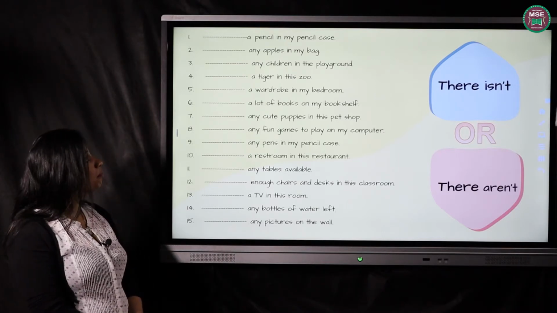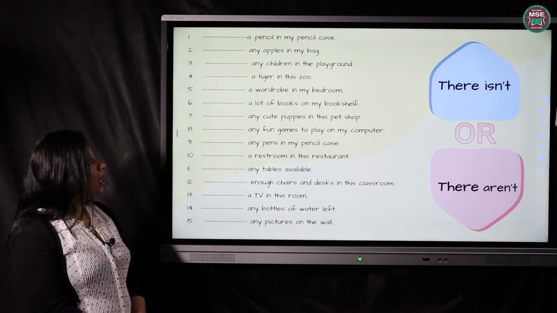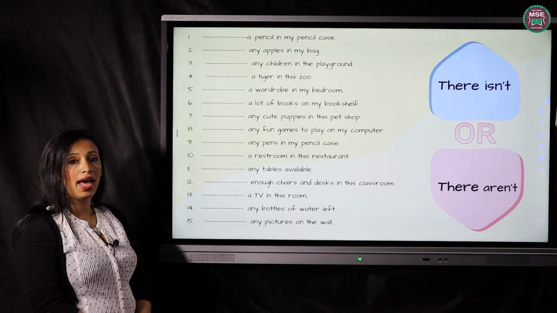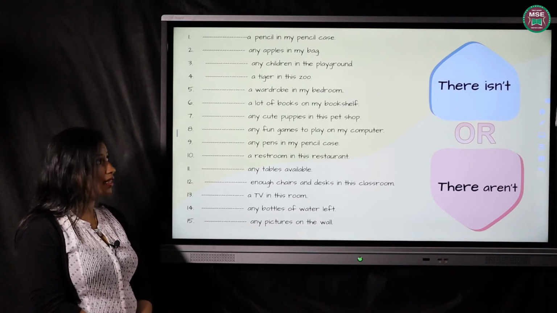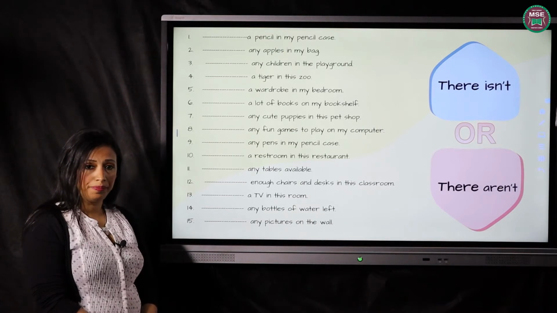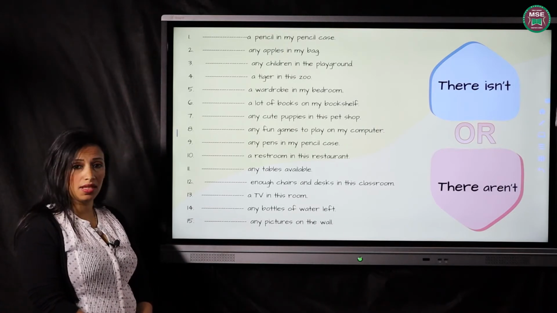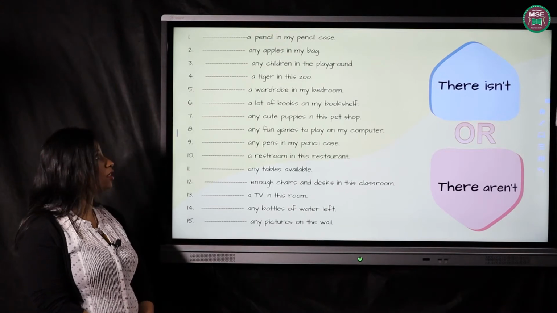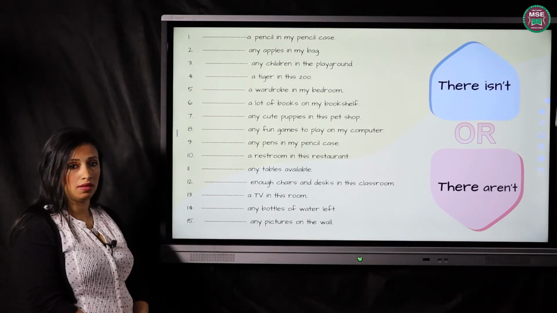For example, number one, a pencil in my pencil case. When I say a pencil, I'm talking about one thing. Here, I have to say there isn't a pencil or there aren't a pencil. There isn't a pencil, because I'm talking about only one pencil.